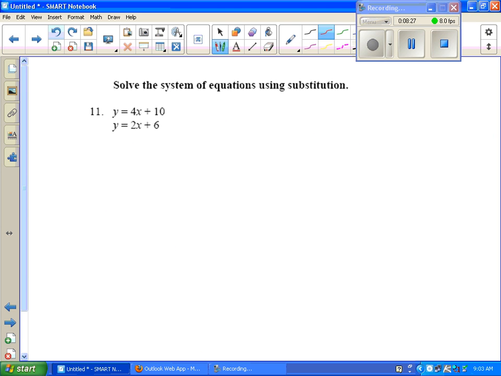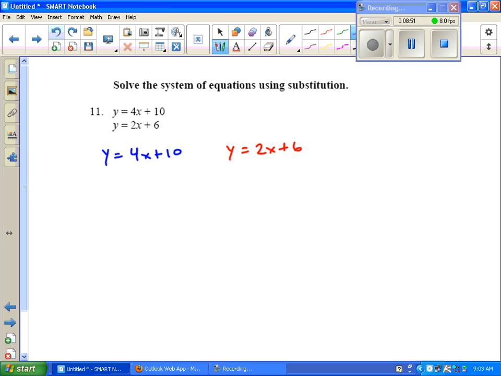Number 11 says solve the system using substitution. It says y equals 4x plus 10 and y equals 2x plus 6. So the first equation is y equals 4x plus 10, and the second equation is y equals 2x plus 6.